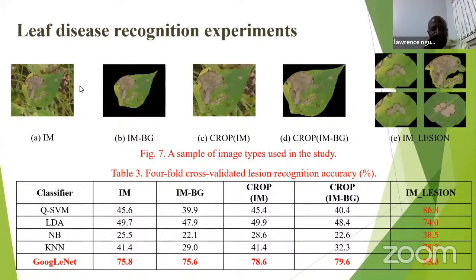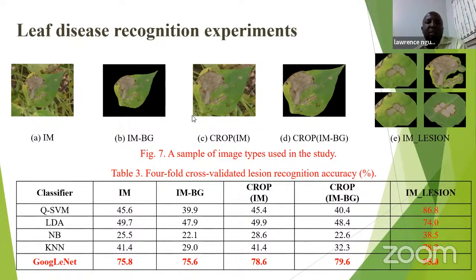We considered 5 scenarios. One, shown here in figure A7A, is the basic image as captured by the camera. So simply take this image and classify using your disease recognition network or model. Or you can go one step further in B and remove the background so that you're only left with the infected leaf.